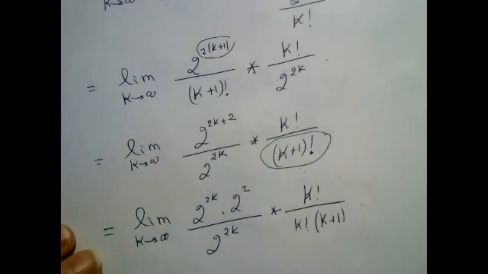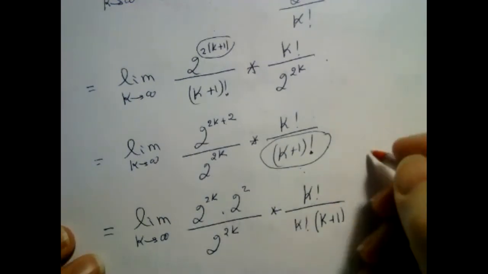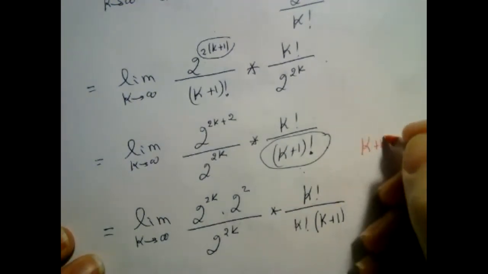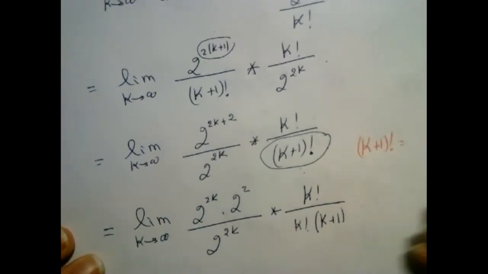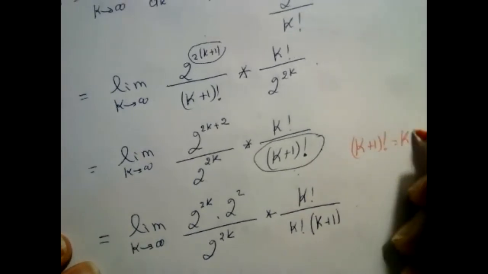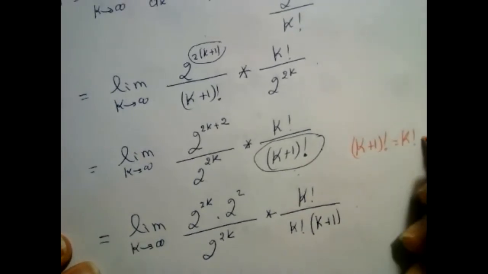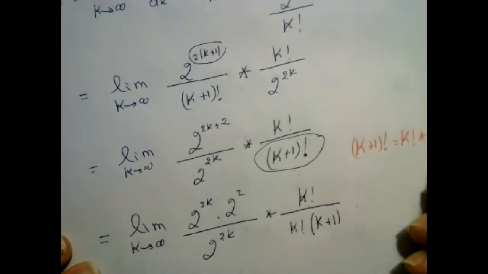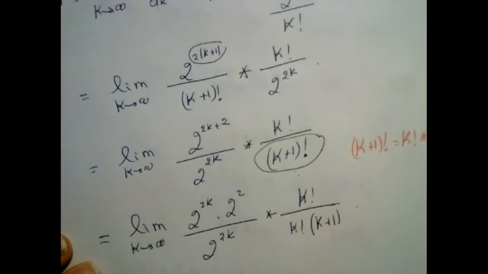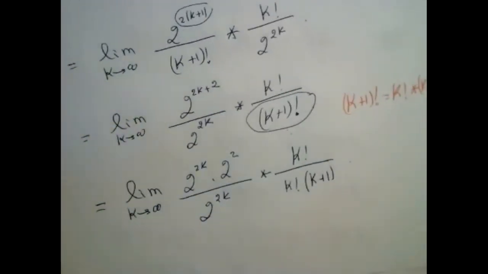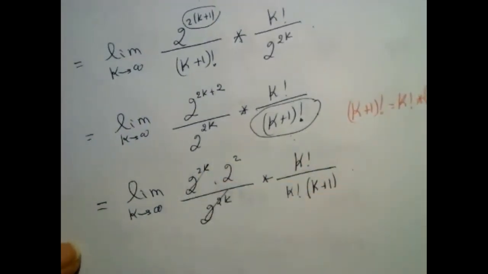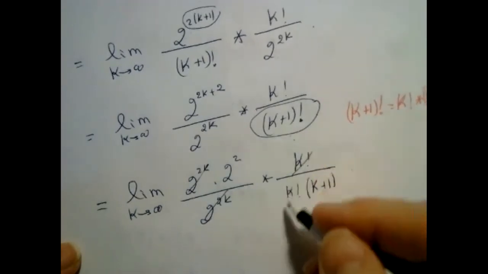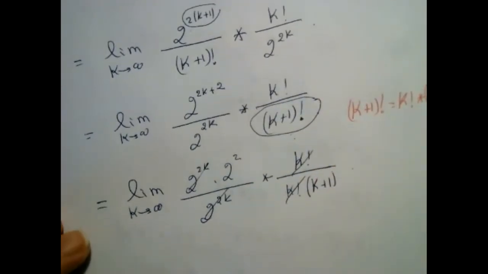So that's why we mentioned that. So we write this here again. k plus 1 factorial is all the terms, you multiply them up to k, times the last term, which is k plus 1. And finally, it's going to be simple. This goes away. k factorial goes away. So what I'm left with is the following.